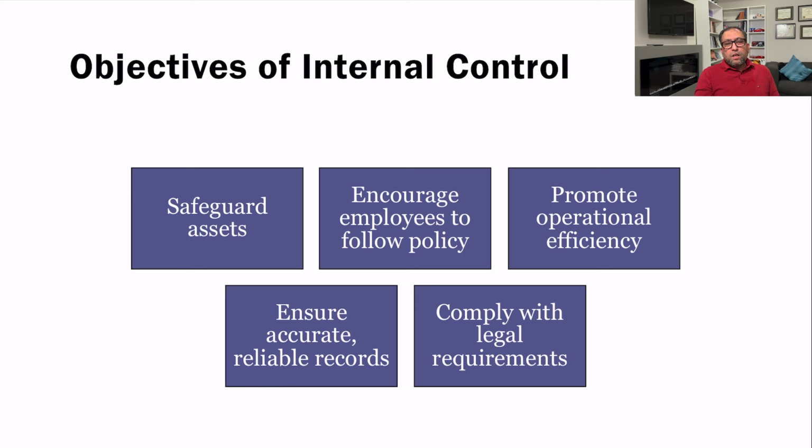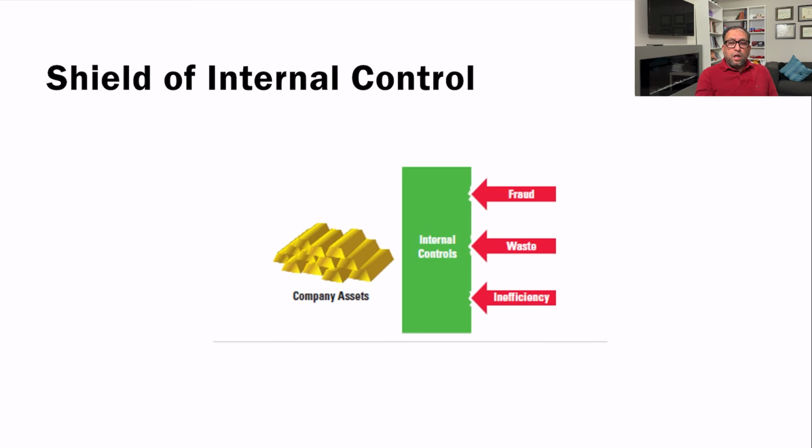Comply with the legal requirements. Definitely whenever an organization is operating in any country, they have to follow the rule of the land. So comply with the legal requirements of the country in which the organization is operating.